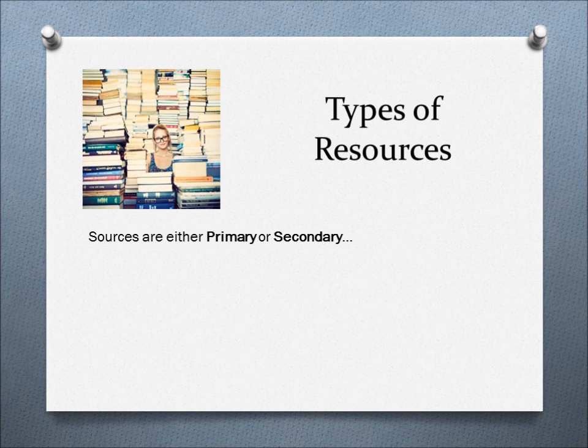Transcripts, original documents, and creative works are primary sources. For example, if you are doing an analysis of the play Hamlet by William Shakespeare, the actual play would be your primary source. Commentary, criticism, reviews, compilations, textbooks are examples of secondary resources.